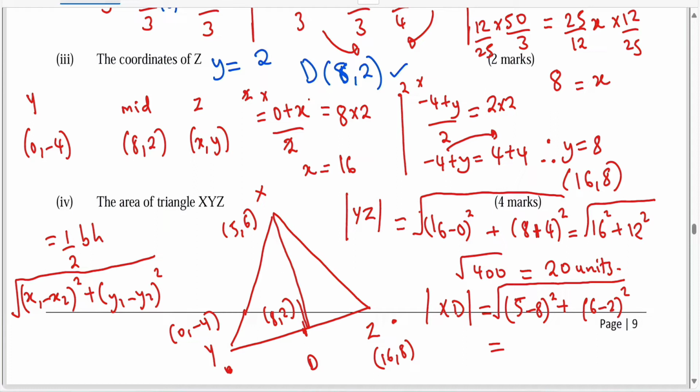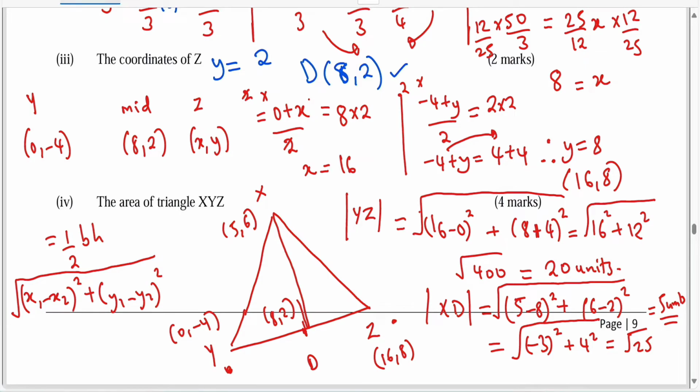So 5 minus 8 ni negative 3 squared plus 4 squared, and then square root it. So 9 plus 16 is 25, na square root of 25 ni 5, so it's 5 units basically. Okay, so that is our height.